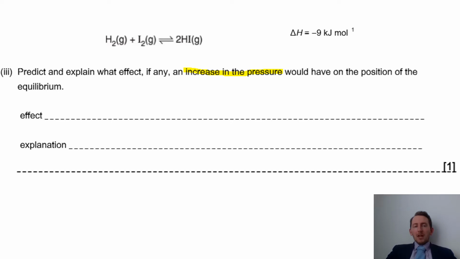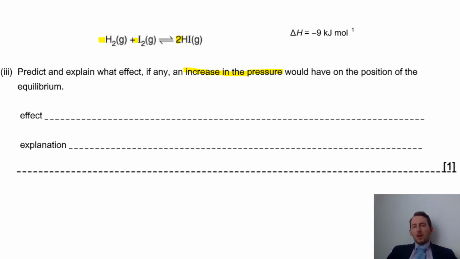So we want to look at the big numbers in front of our reactants and products. We don't have a number in front of H2 and I2, so effectively there's a 1 there. We have 1 for H2, 1 for I2, and 2 lots of HI.